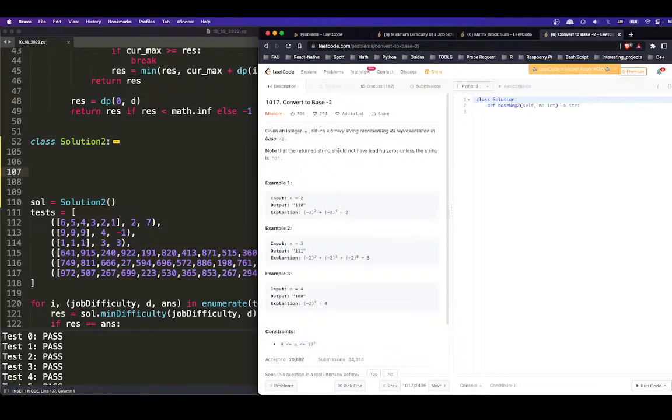Yeah, it's just arithmetic. We know -2 is just even and odd. Odd is a negative value. Cool. How do we do regular?